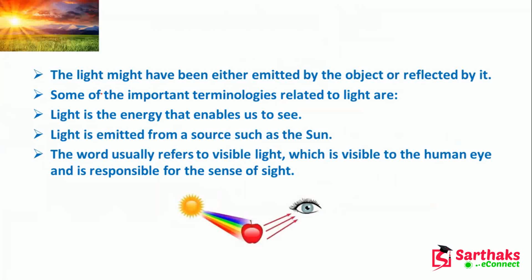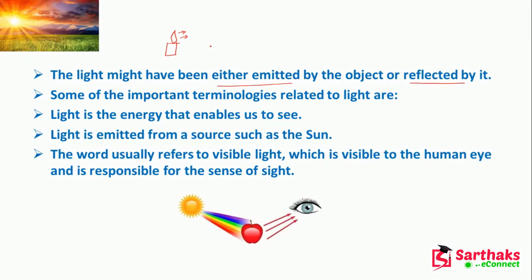The light might have been either emitted by the object or reflected by it. Now, emitted means if you have the candle here, it will emit the light, right? And in case of LED also, it will emit the light. At the time of Diwali, you can see all the LEDs that we have.